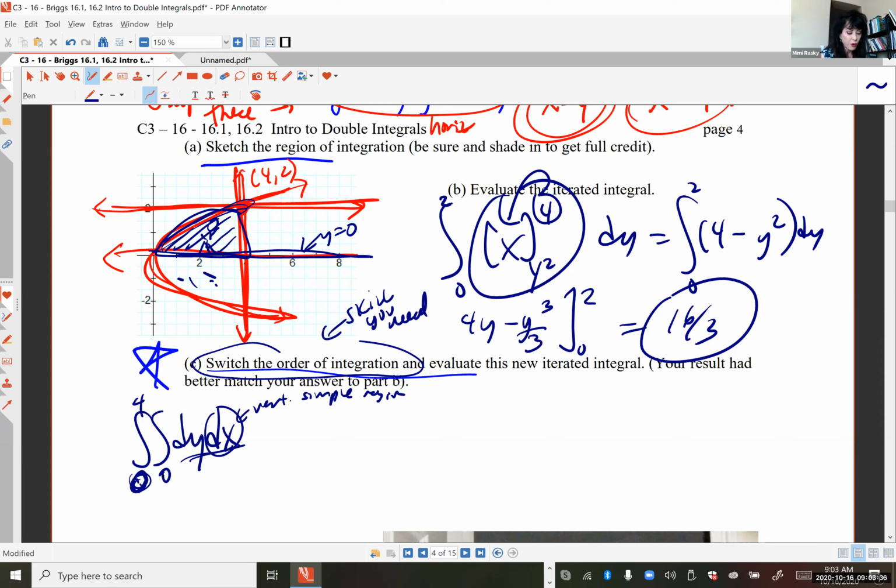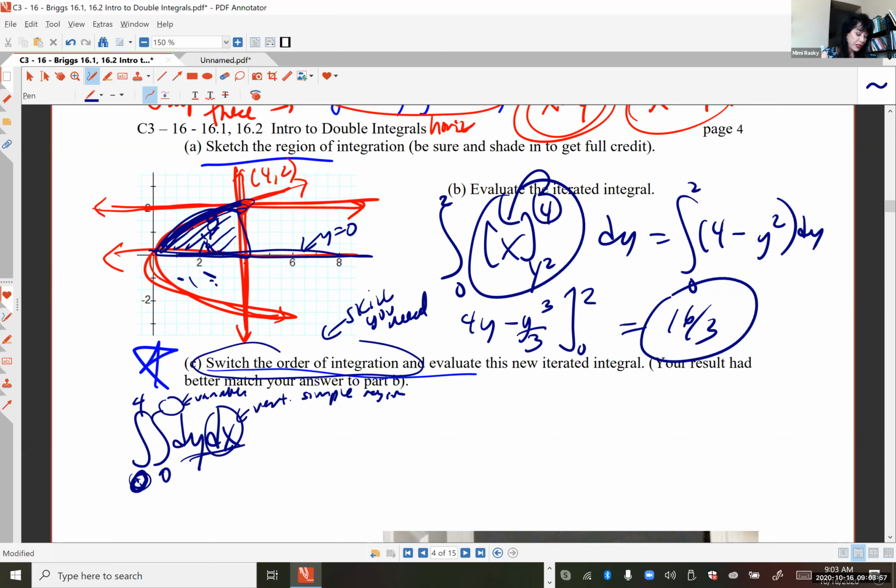So the lower limit for y is y equals 0. The upper limit is variable because the little man's head is touching this upper half of the horizontal parabola. Is that clear? So this limit has to be variable. If you put a pure number there, you're dead.